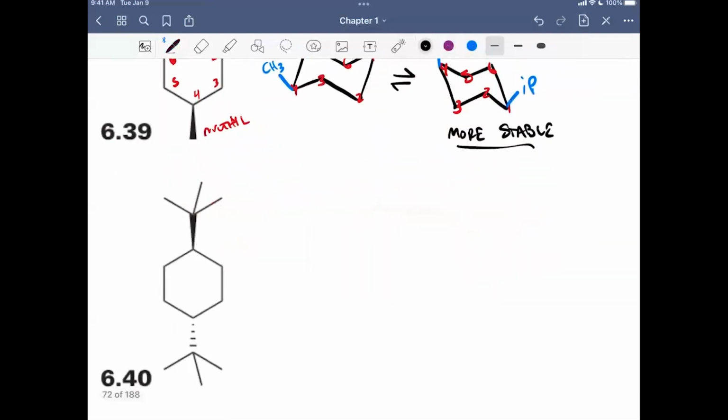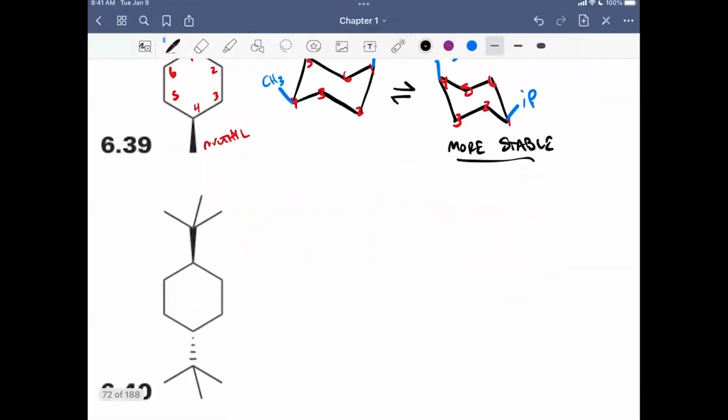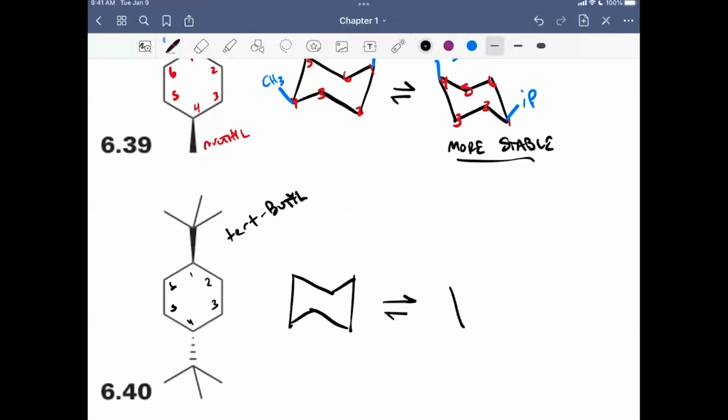Okay. This one we're dealing with tert-butyl groups. So we have two tert-butyl groups. I'll start labeling this. Let me draw out my chairs. That's not the best chair.